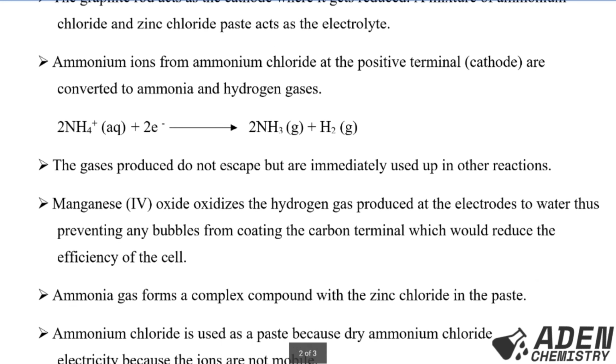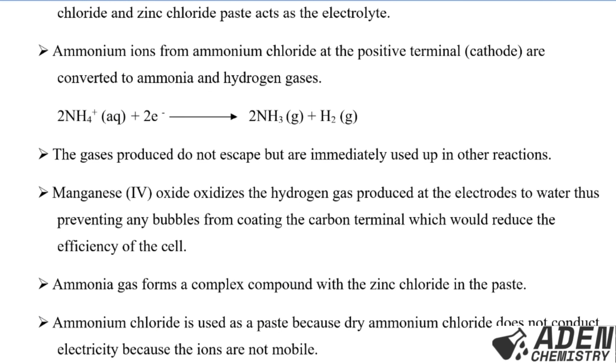Manganese peroxide oxidizes the hydrogen gas produced at the electrodes to water, therefore preventing any bubbles from coating the carbon rod, which would reduce the efficiency of the cell. Once the carbon terminal is coated, the cell will not function well.